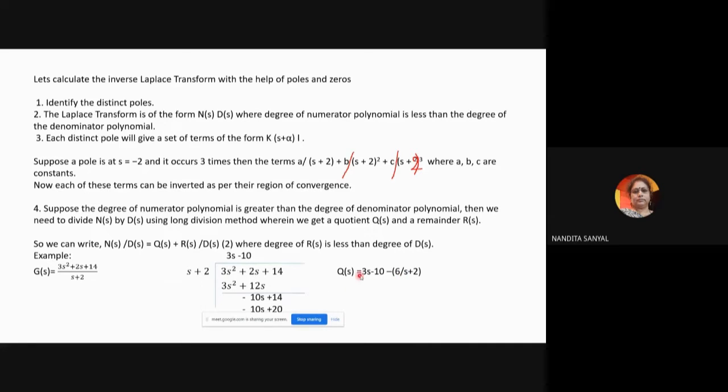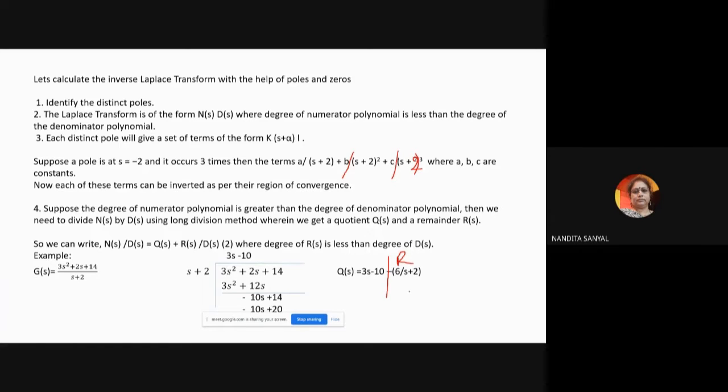The label is actually wrongly written. The quotient is 3s minus 10, and this portion is the remainder part.